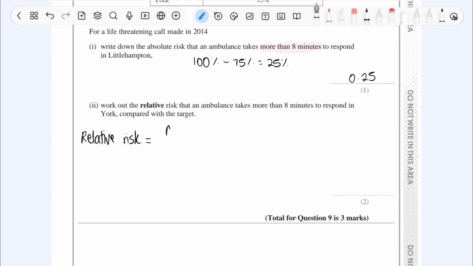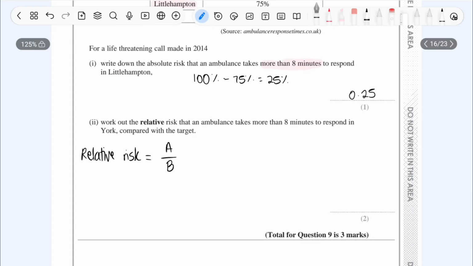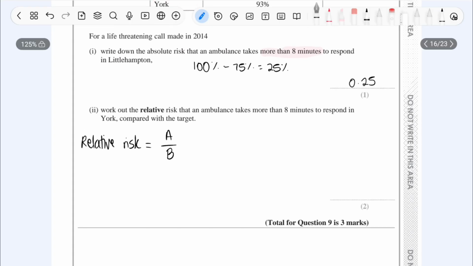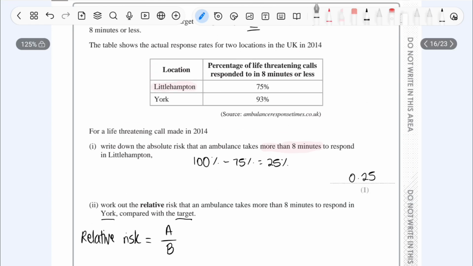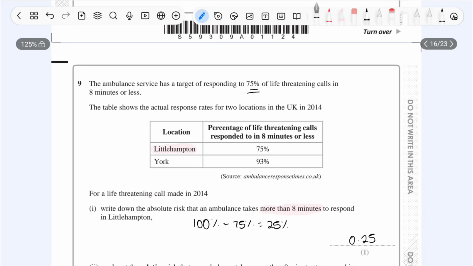It's the risk of group A over the risk of group B. Now the order you do it in does make sense, because you need to find the relative risk of York compared to the target, and the target is 75%, as we've seen here.